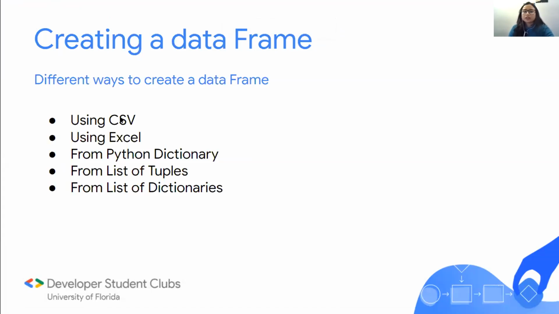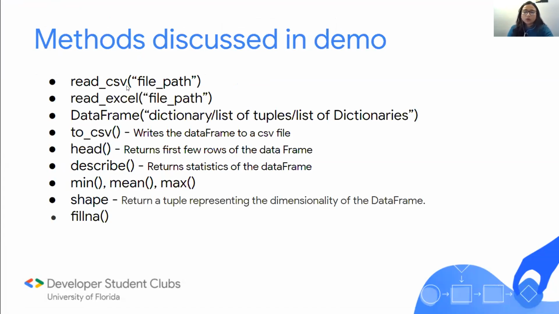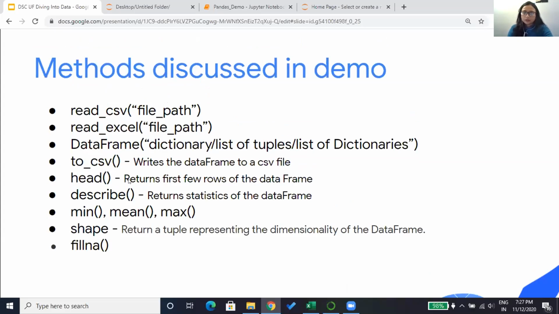We can use the input as a CSV file, a comma separated file, or an Excel sheet, or a Python dictionary, where we store the values as a dictionary and read that into the data frame, or convert a list of tuples into the data frame, or use a list of dictionaries. In this demo, I'll be going through some of the basic functions so that when data cleaning is done by Raymond, he can further explain these functions and where we'll be using them.